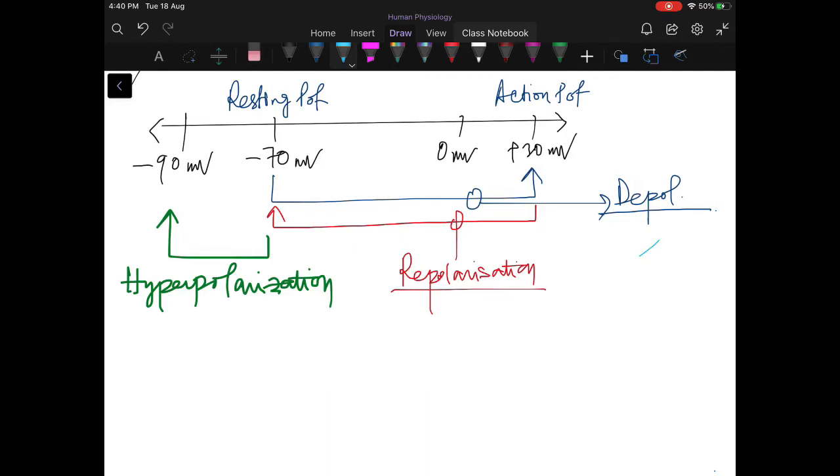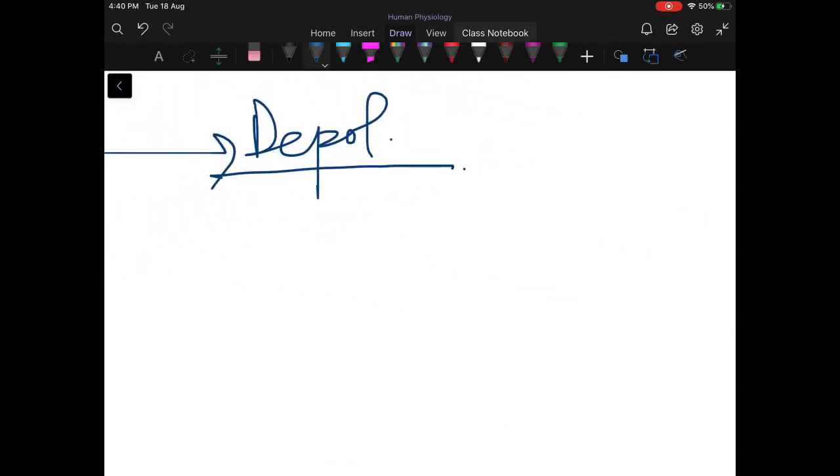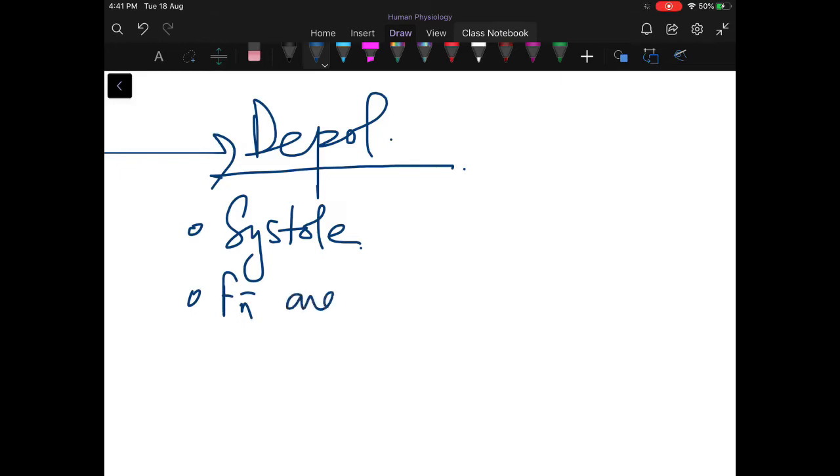So let's first come to depolarization. Some small points. The phase of depolarization resembles the systole of the cardiac cycle. All the cellular functions are performed or increased.